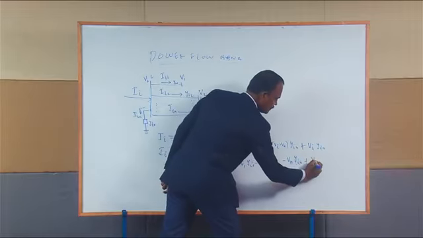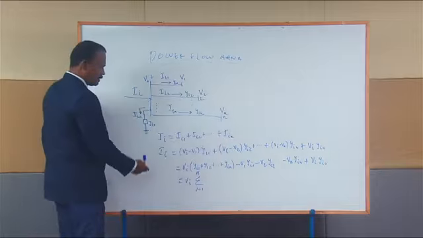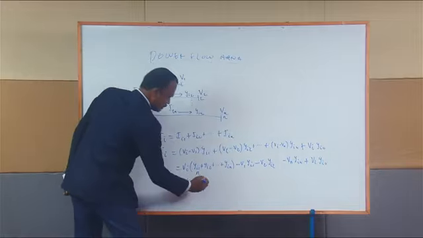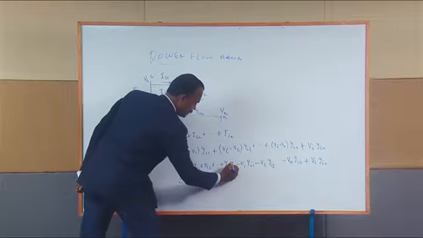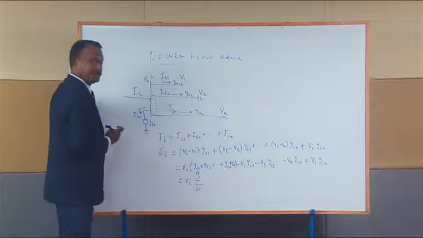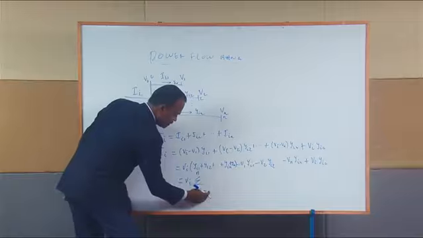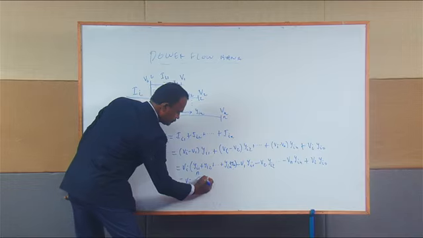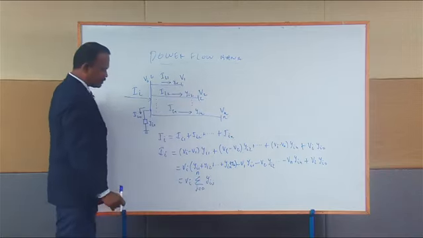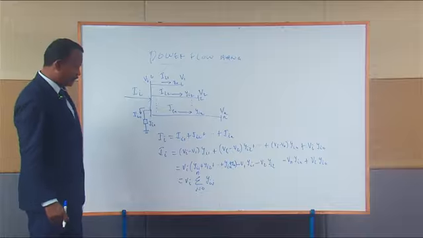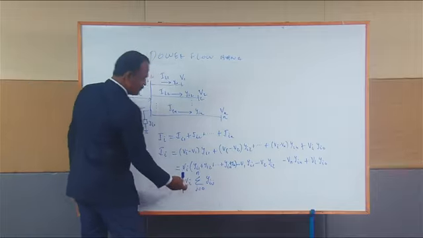When you take Vi outside, this is plus yi0, so the sum becomes j equal to 0 to n of yij, because j is running from 0 to n.